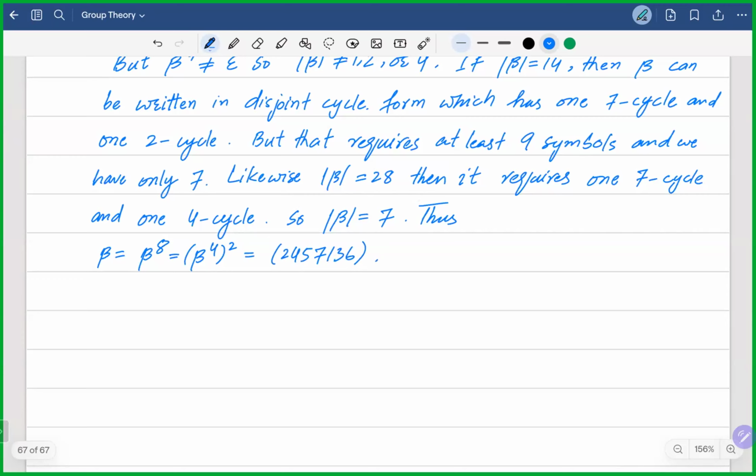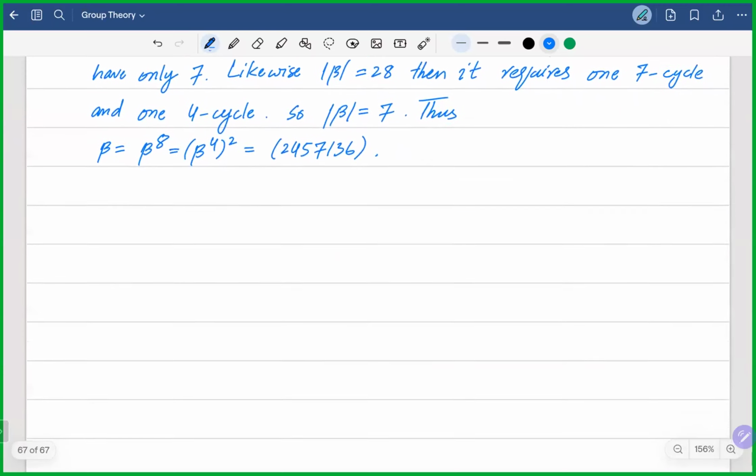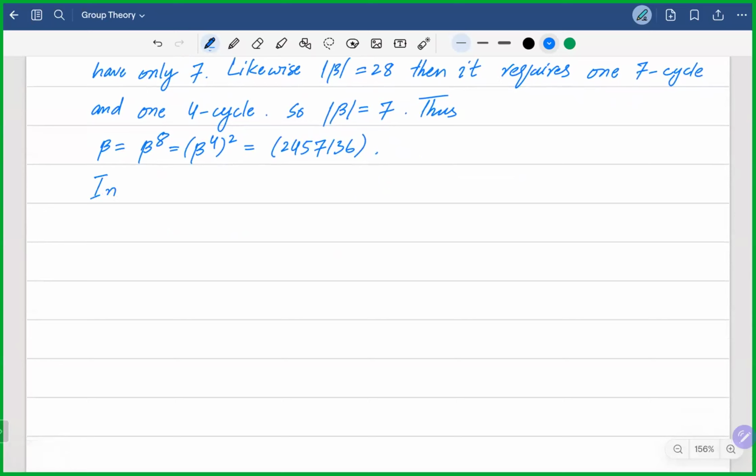Okay, perfect. Now in S9, beta is actually equal to 2 4 5 7 1 3 6, or it can be the product of the 7 cycle and a 2 cycle.